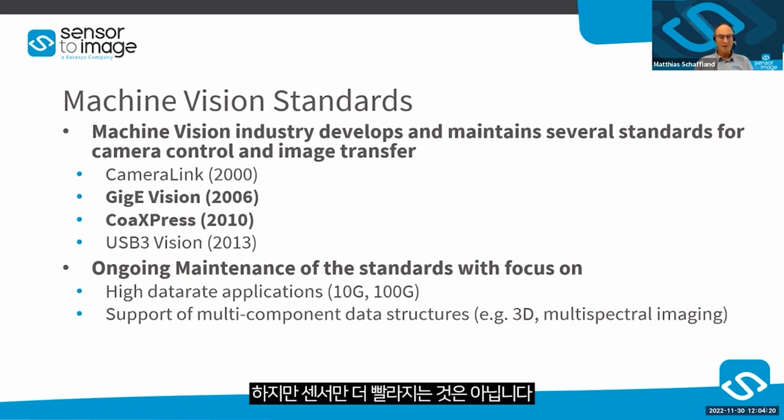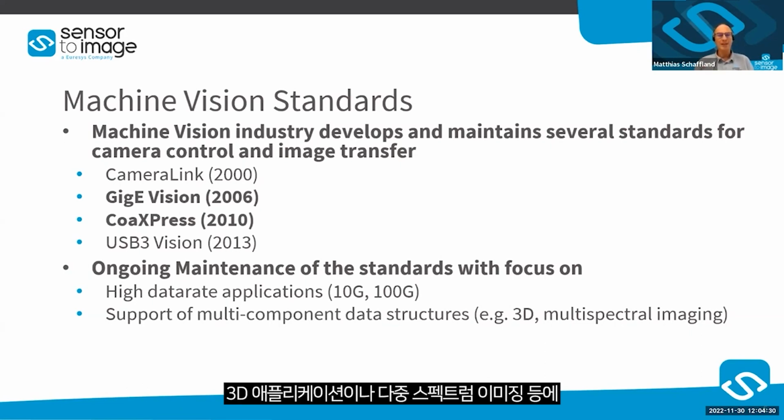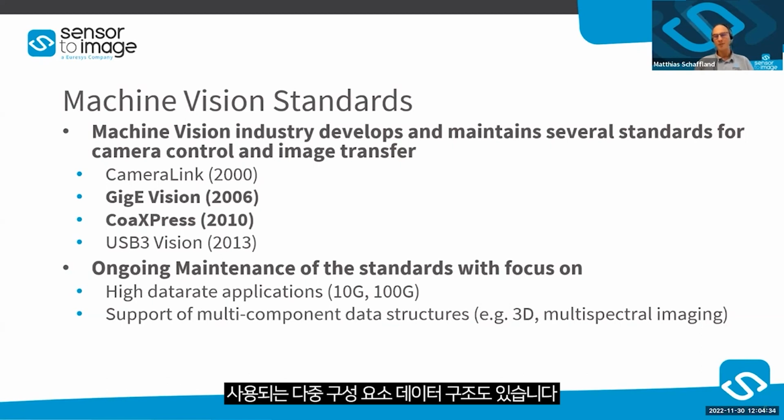But not only faster sensors: sometimes we have not only a simple 2D image, for example, we have multi-component data structures, which are used, for example, in 3D applications or multispectral imaging. So these standards have to cope with multi-component data blocks and transfer them together.